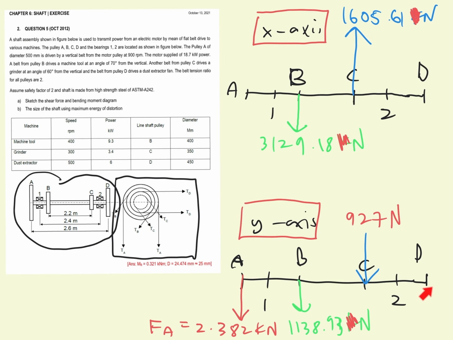So for y axis there is no force acting at point D, so it will become 0. But for x axis we have a force acting on the right side, so the force will be acting upward with the value of 1.527 kilonewton.